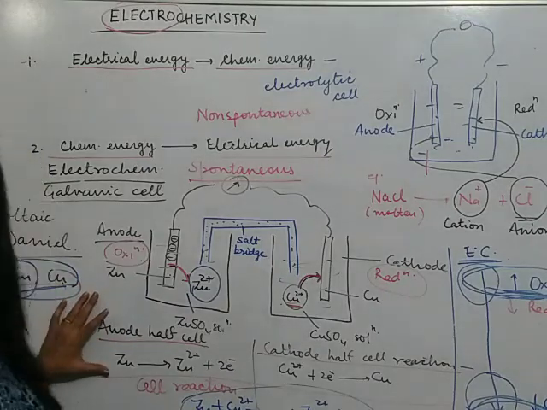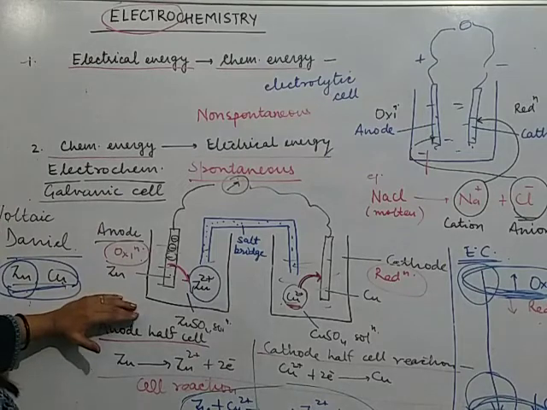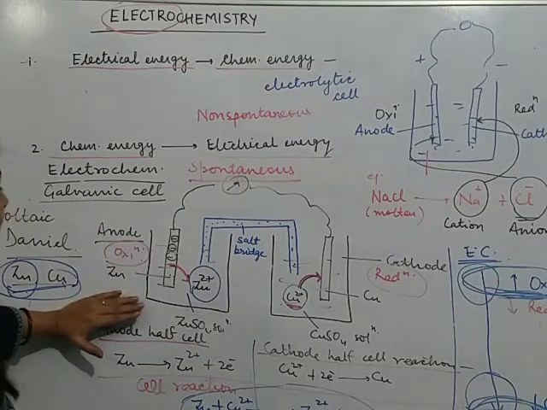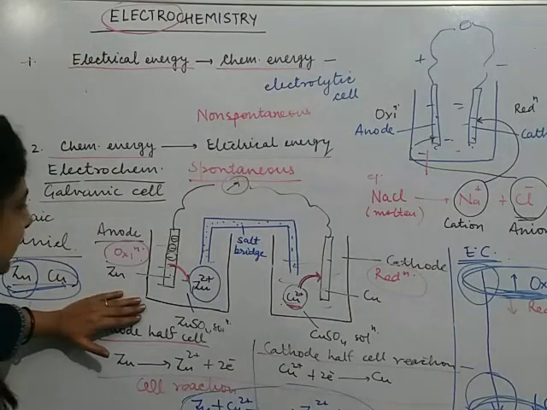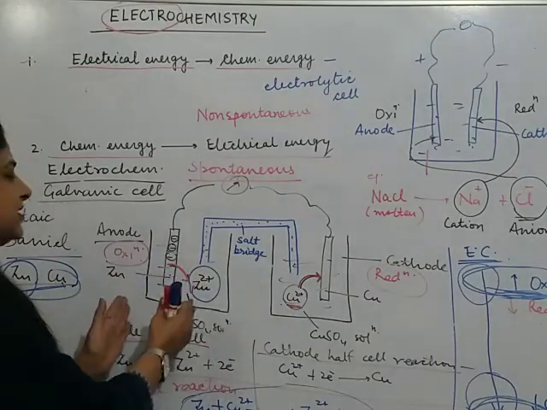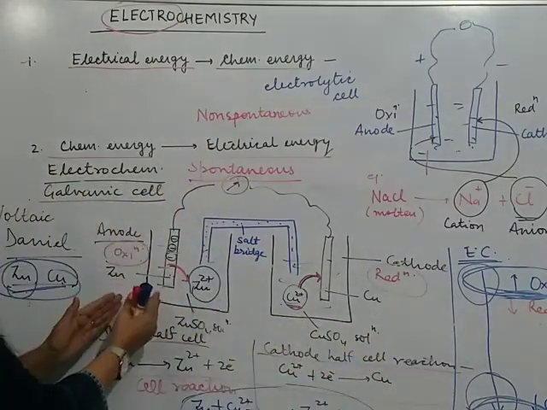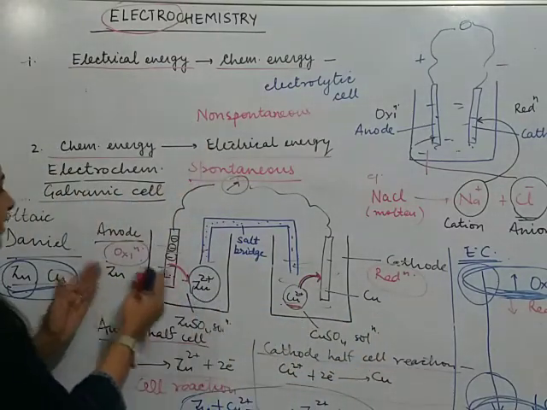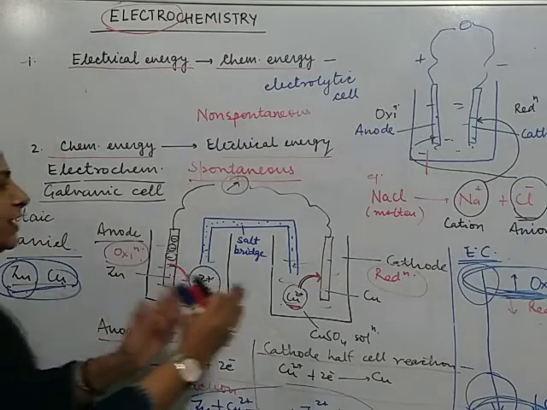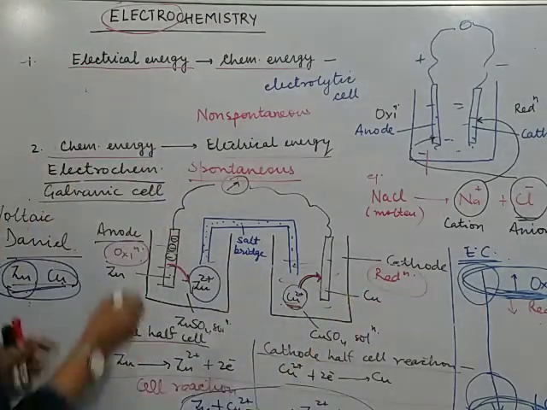First we are going to discuss its construction, as we were discussing, and we have already discussed that we have two half cells. One of them acts as anode while the other acts as cathodic half cell. In anodic half cell there would be oxidation taking place, while in cathodic half cell reduction will take place always.